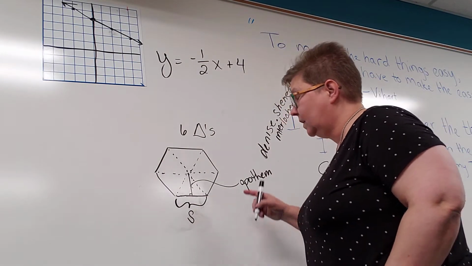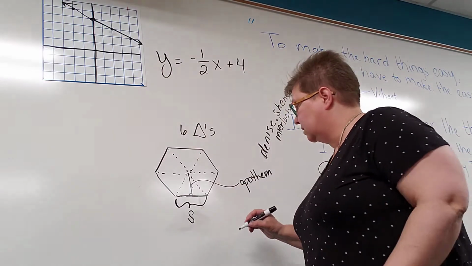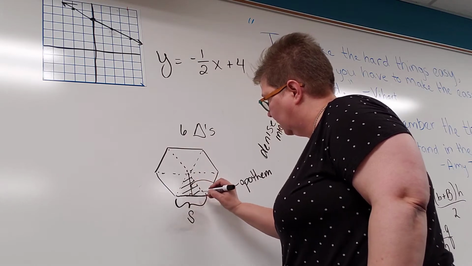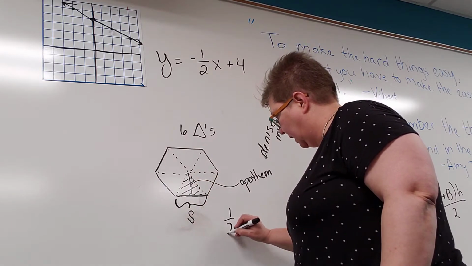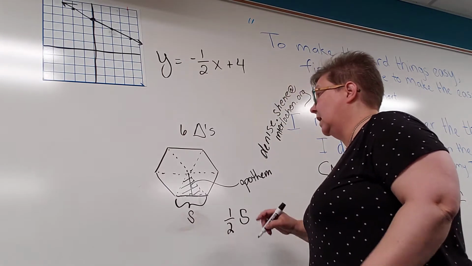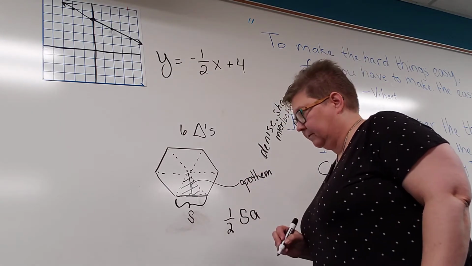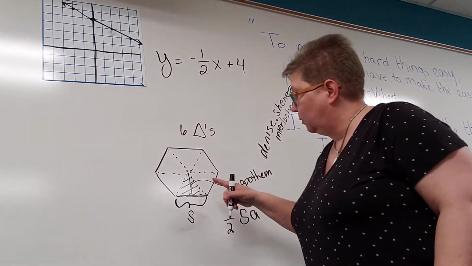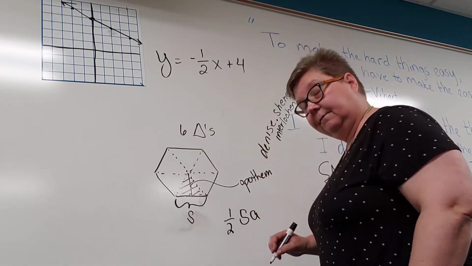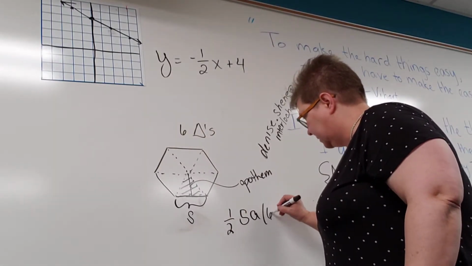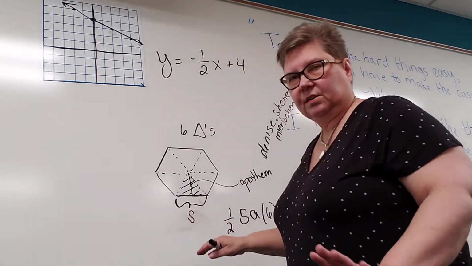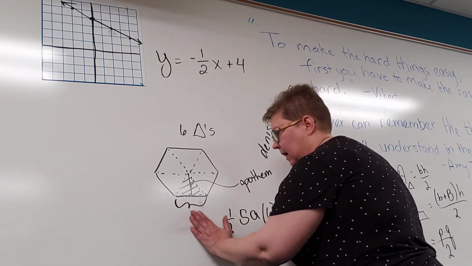So what you know from triangles is, if I wanted to find this area here, I would take 1/2 base, which is the length of the side, times the height, which would be the apothem, okay? And then I would multiply it by however many triangles I have, which for a hexagon is 6.